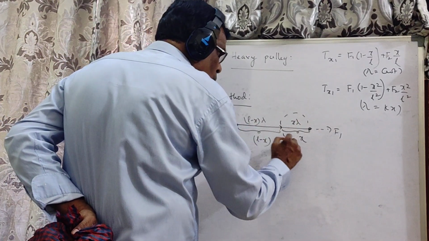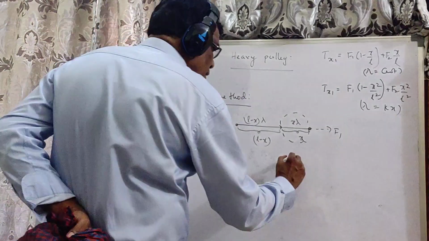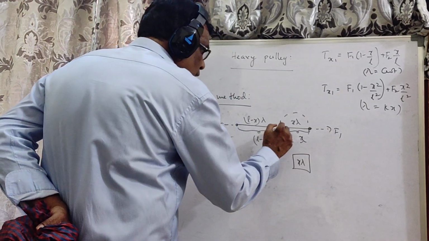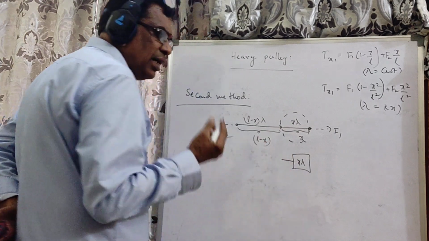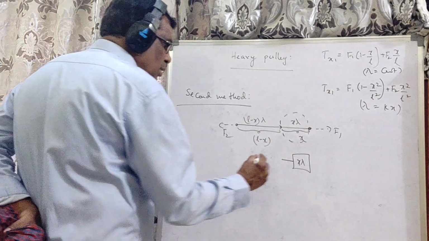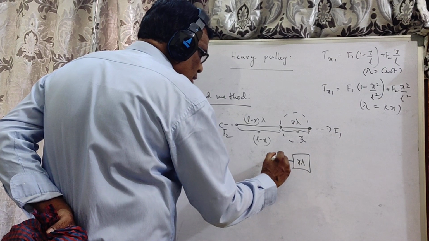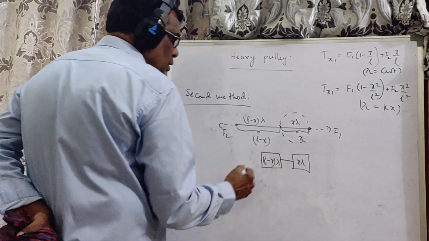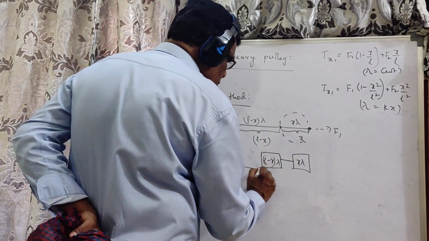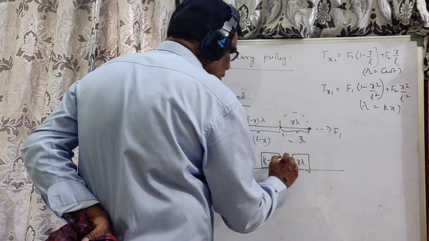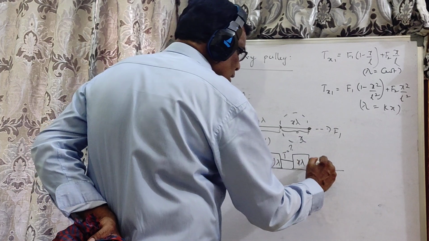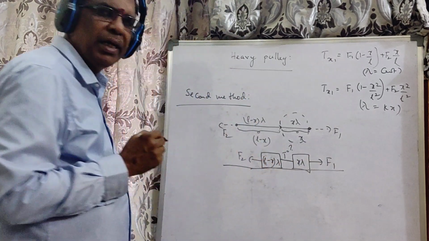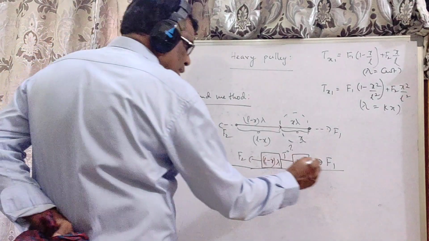This whole thing I treat it as one body whose mass is x lambda. At this point I imagine a light rope there, and the remaining part I take as another body. So here are two bodies, because I am interested in T here, and I am applying F1 here, applying F2.